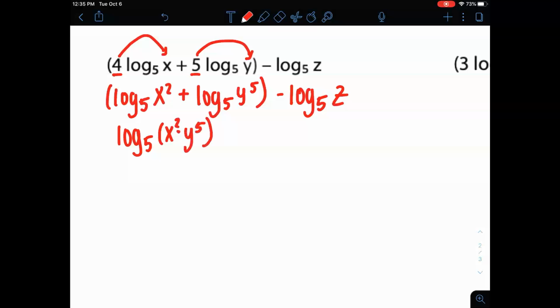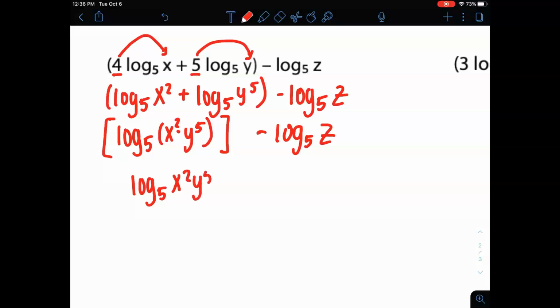Again, I can't forget the back half of my expression. Now, what this looks like if I get rid of some parentheses and do that multiplication is the following.